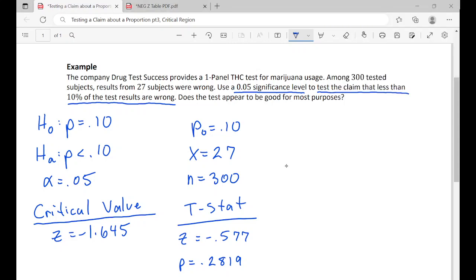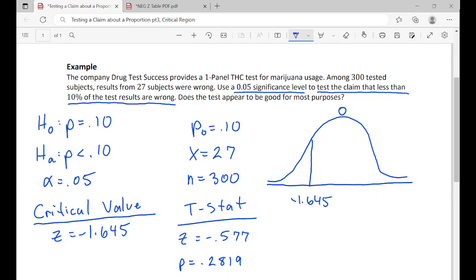So now we're going to look at our distribution and see where our critical value and test statistic line up. So 0 in the middle, and negative 1.645 is going to be somewhere, say right here, and since it's a left-tailed test, we shade to the left. Now where is our test statistic? Where is negative 0.577?